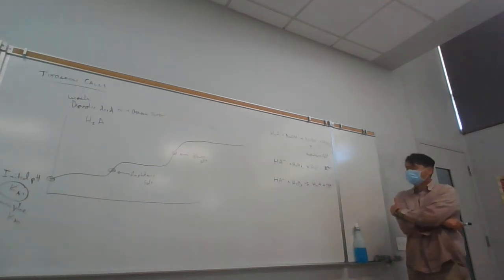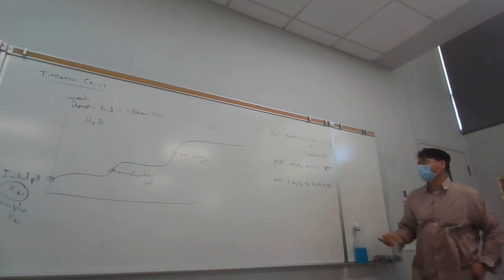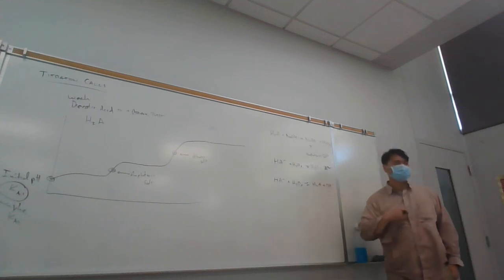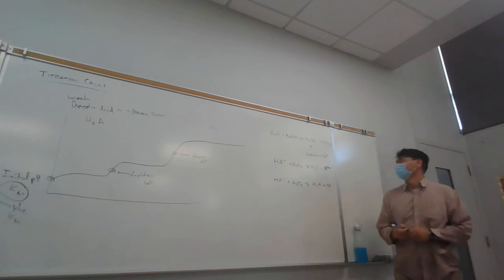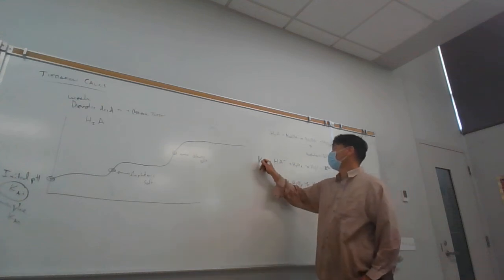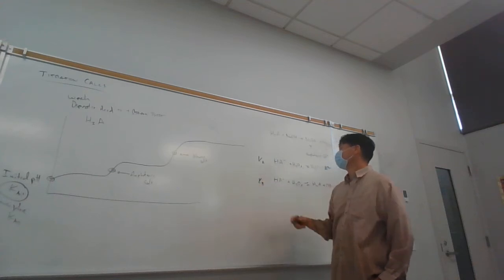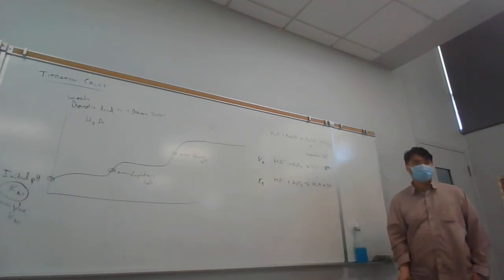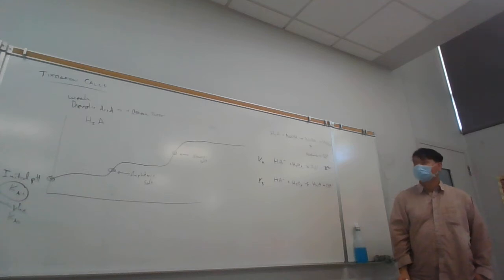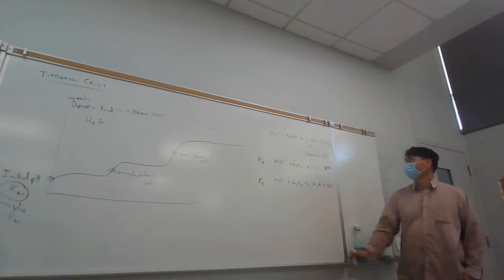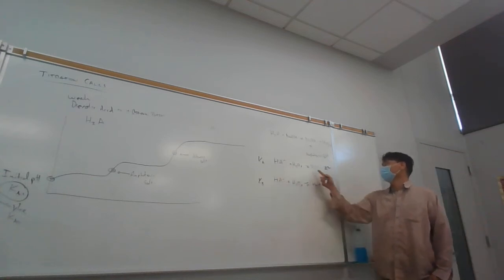Now I mentioned when we were talking about buffer solutions in the Henderson-Hasselbalch equation, we could use either Ka or Kb because they describe the same equilibrium. If I look at this Ka, this is a Ka for HA minus, and this Kb is a Kb for HA minus. Do they describe the same equilibrium? No, they don't. This describes the equilibrium between HA minus and A2 minus.